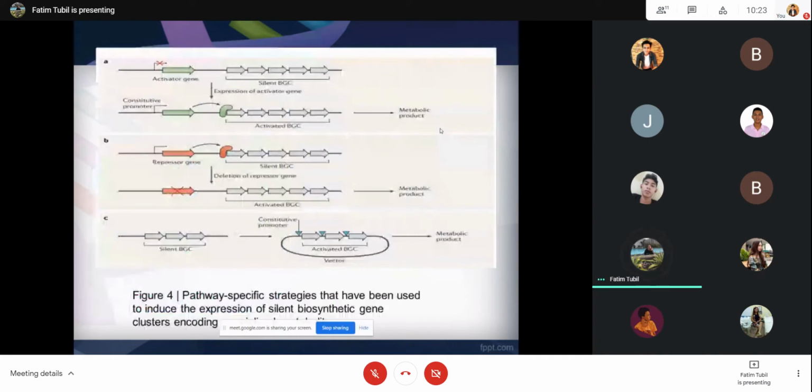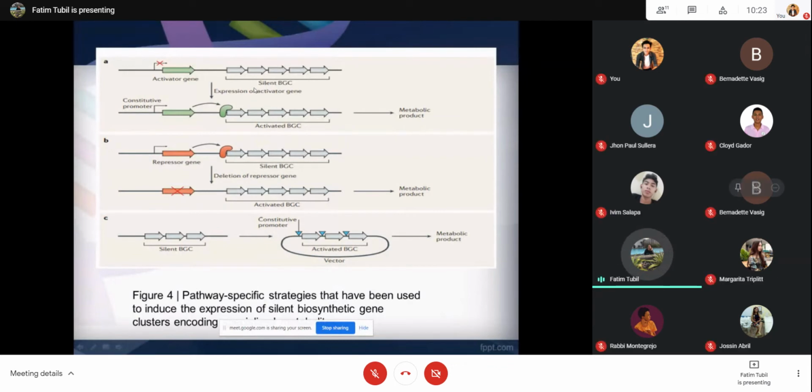This is a figure as an example of pathway-specific strategies that have been used to induce the expression of silent biosynthetic gene clusters. The first, A and B, is an example of manipulation of pathway specific regulatory genes.